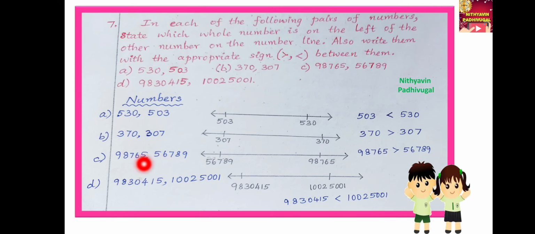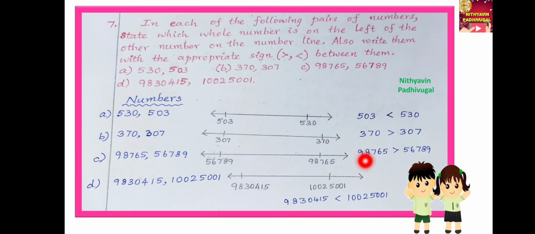One is 9, another one is 5. So obviously the 5-digit number which starts with a smaller number is the smallest number. So 56,789 is the smallest number, and then 98,765 is the biggest number. So it takes place on the right side.